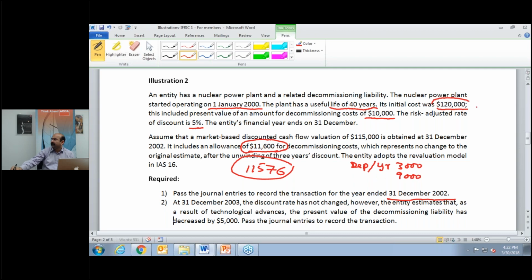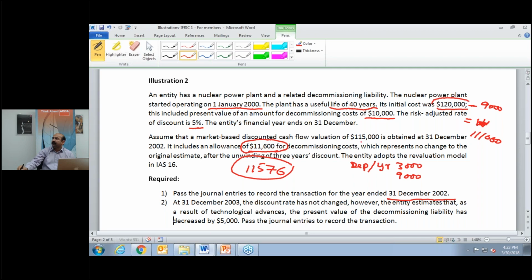So after deduction of 9,000, this will give us 111,000.